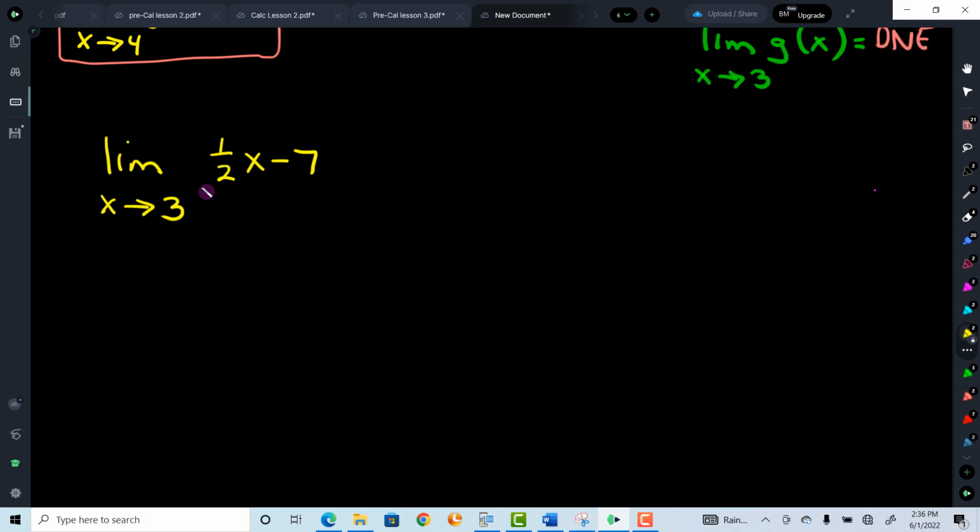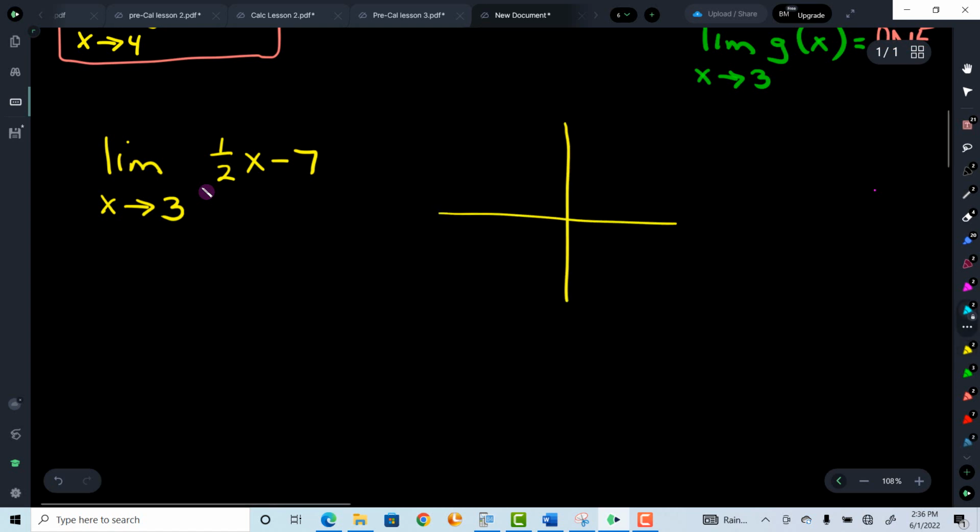Now this is a linear function, so I'm not going to worry about checking the left and the right limits, because a linear function, whatever's happening, it's going to continue in that same direction. So whatever's going on, coming from the left and coming from the right, we're going to approach the same value.